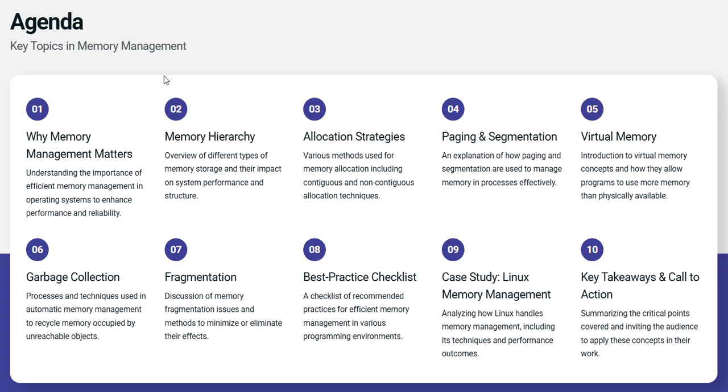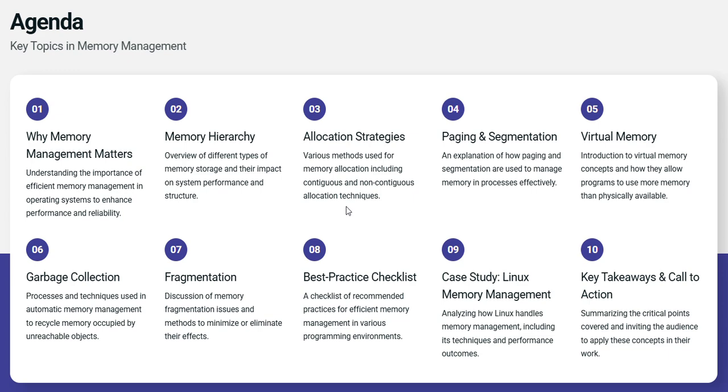First of all, we will talk about why memory management is so important and we will use a real life analogy to understand it. Then we will explore memory hierarchy from super fast registers to slow hard disk. Next, we will compare memory allocation strategies like static and dynamic.